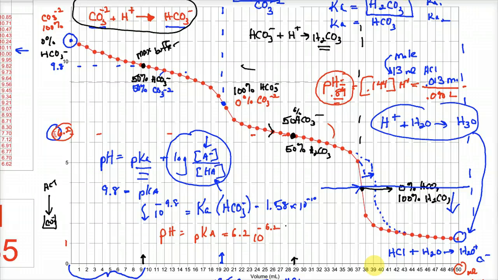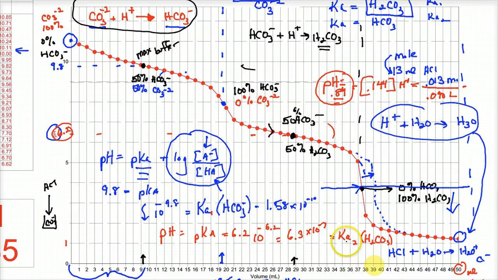So second function, 10 to the negative 6.2. And I get 6.3 times 10 to the negative 7. And this, of course, is my Ka. Make this Ka 1 and the other Ka 2. And, of course, this Ka is for the carbonic acid, H2CO3.